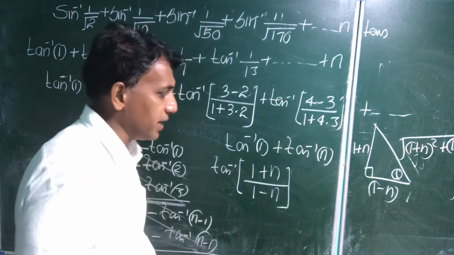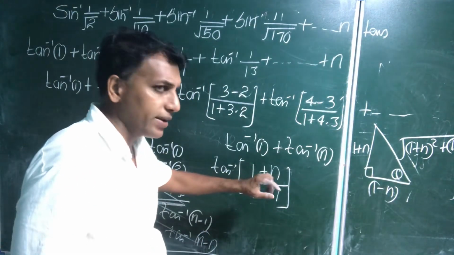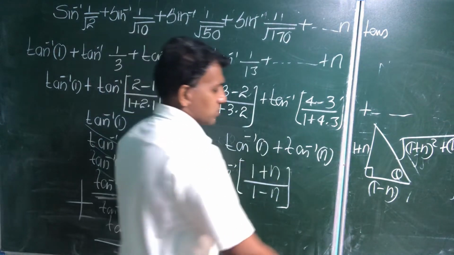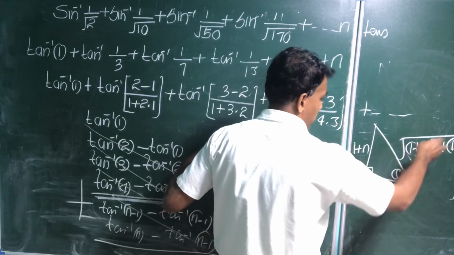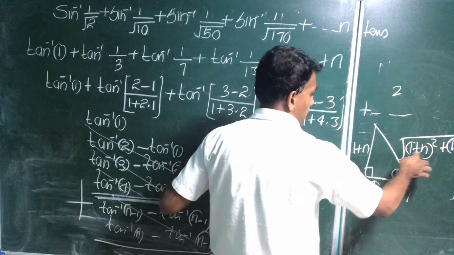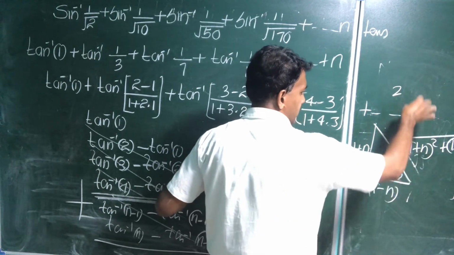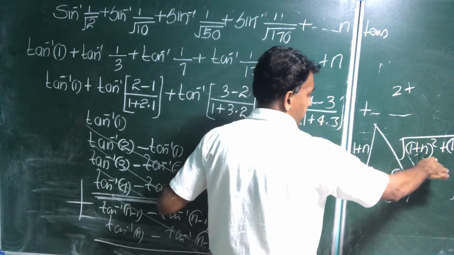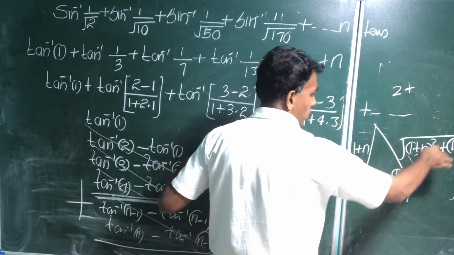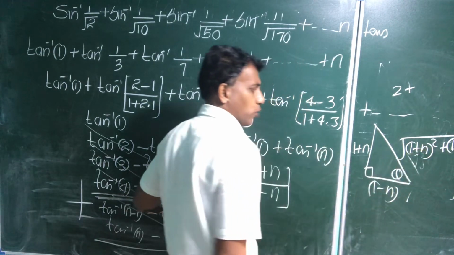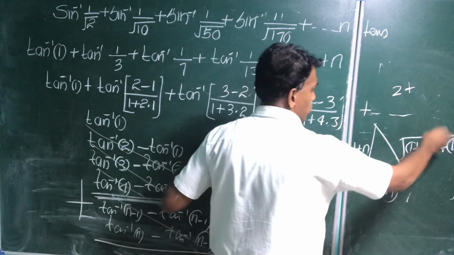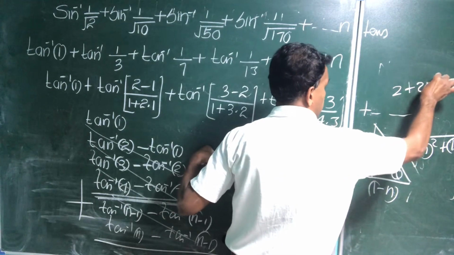Using that, given tan theta, write the sin theta. If you simplify here, 1, 1, 2, plus 2n minus 2n cancel, and n square, 2n square, under the square root.